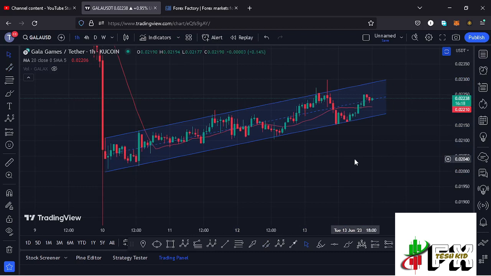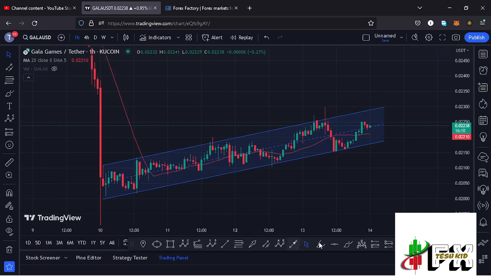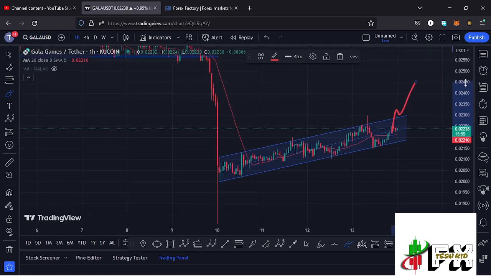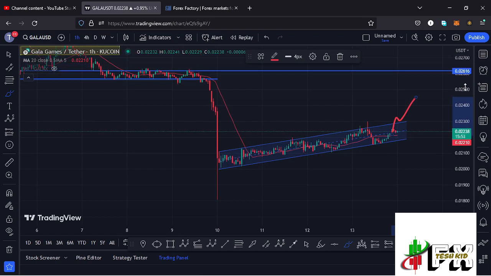And there are chances that as a result of the PPI data and the FOMC meeting, we might see a breakout out of this chart pattern to the upper side. And once that happens, we can expect maybe to see a successful retest or maybe a straight move to the upper side before we can continue gearing up and continue seeing higher prices, where Gala Games could possibly get above the $0.02616 mark once more.